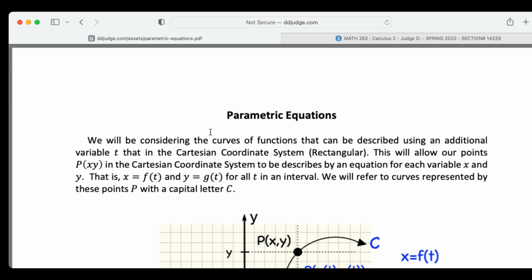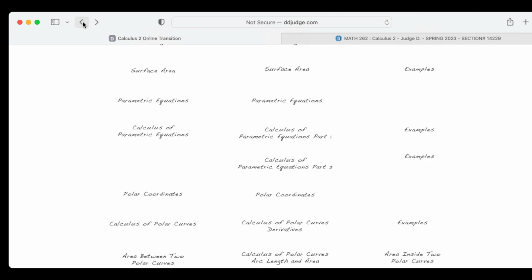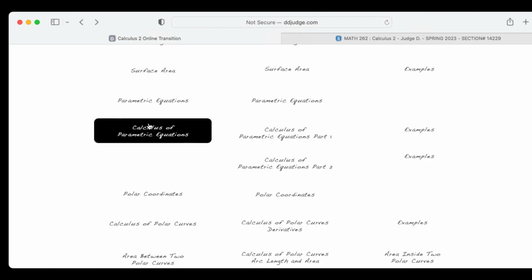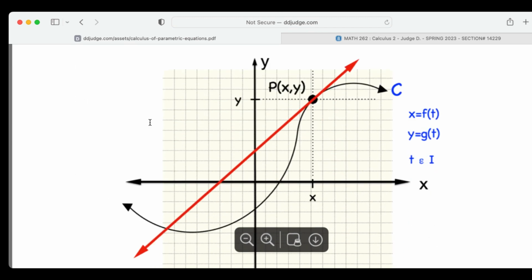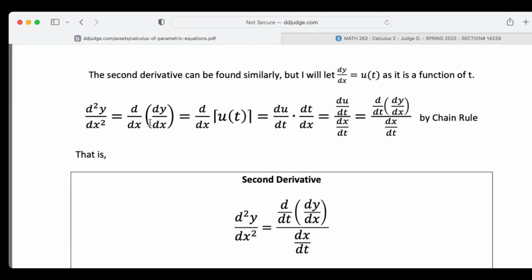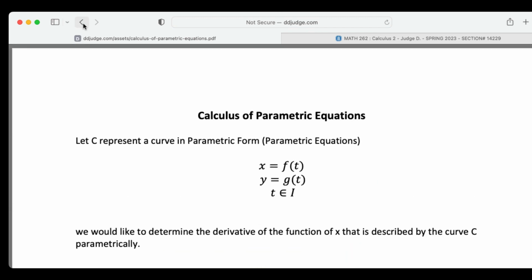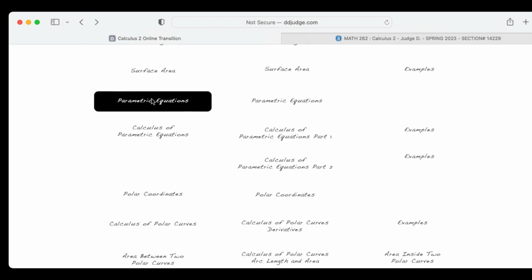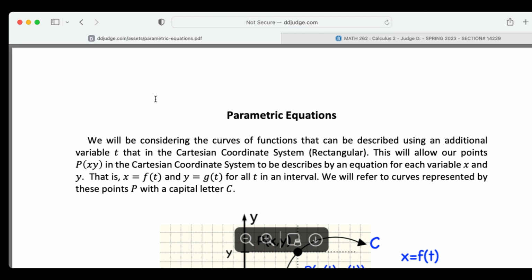So what I'm going to need to do is a couple of things. This is actually a summary because we then go to what's called calculus of parametric equations. There's a calculus version of everything we're doing here. But you guys first have to learn about parametric equations. So this is a summary of it.